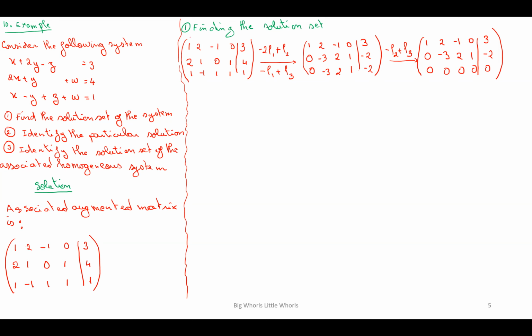So that's step 1. We have done Gauss's method, and then what do we do? We have to do the back substitution, or parameterize. Maybe let me write some notes here. Step 1, to be able to find the solution set, we perform Gauss's method to get the echelon form of the matrix.